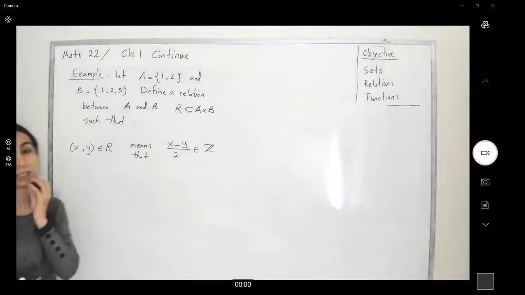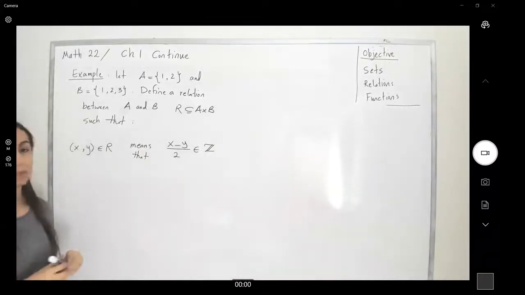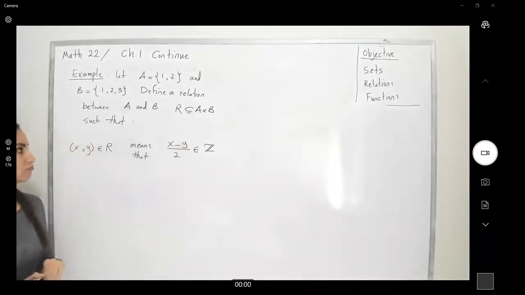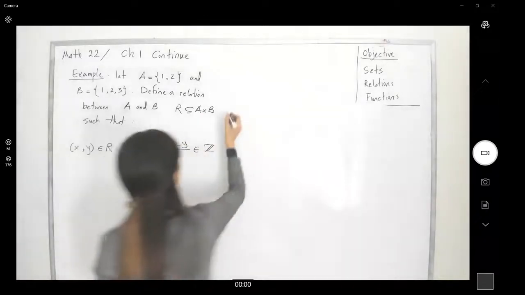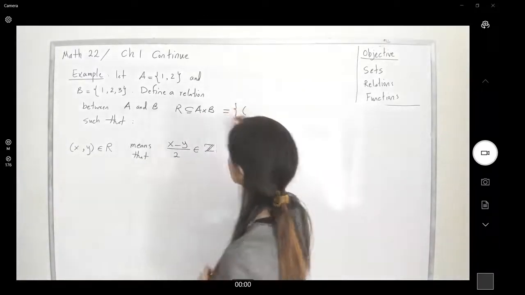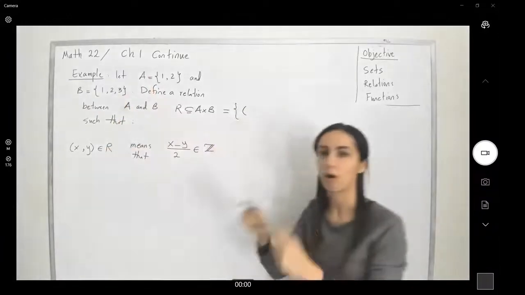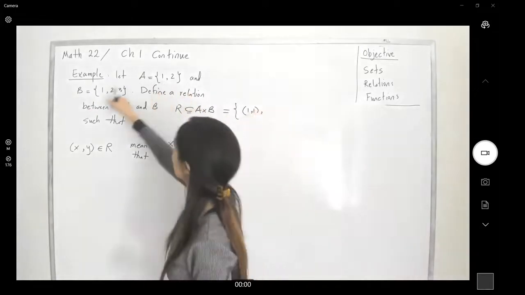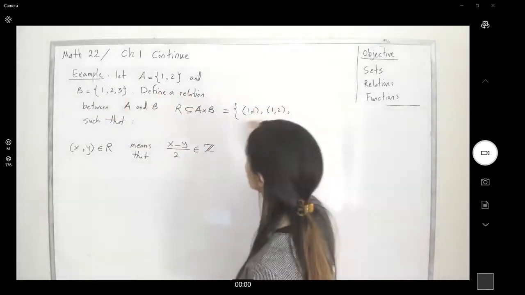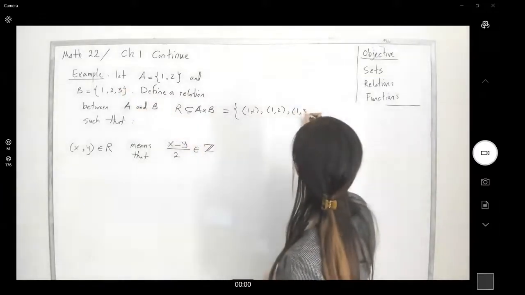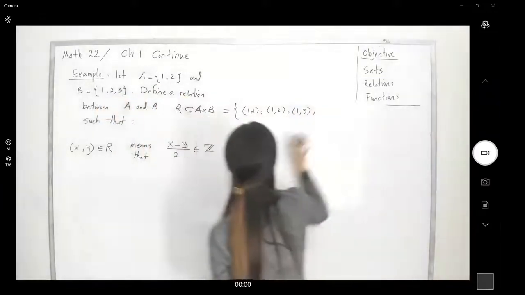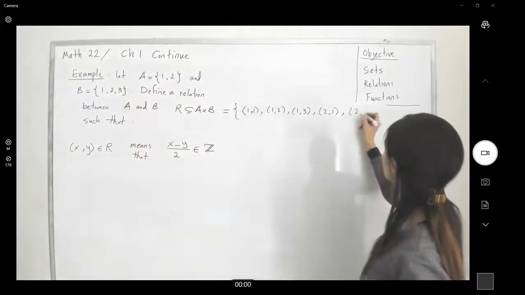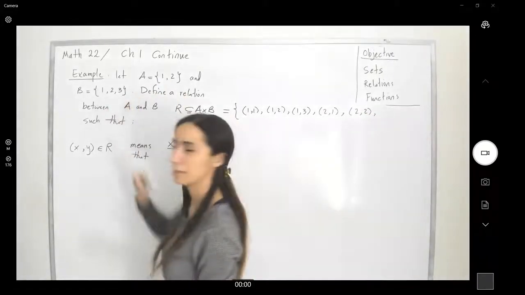How do we define this relation? Okay, first of all, what is the Cartesian product between A and B? The Cartesian product between A and B is the set of points from A to B, all the combinations: (1, 1), (1, 2), (1, 3), (2, 1), (2, 2), and finally (2, 3).